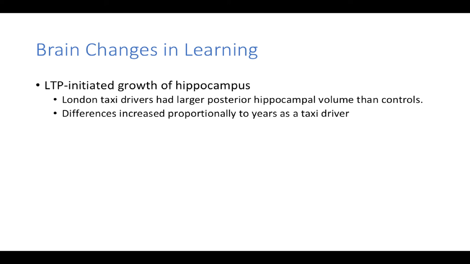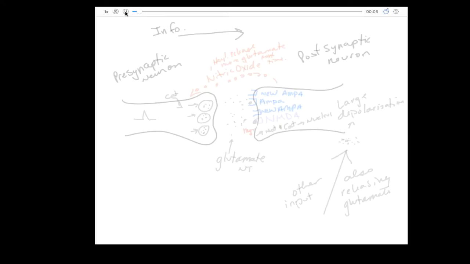And its growth comes about because of long-term potentiation. The difference in the size of the hippocampus was in proportion to how many years they'd been a taxi driver. So the more years they'd been a taxi driver, the larger the hippocampus, and this is associated again with more LTP.